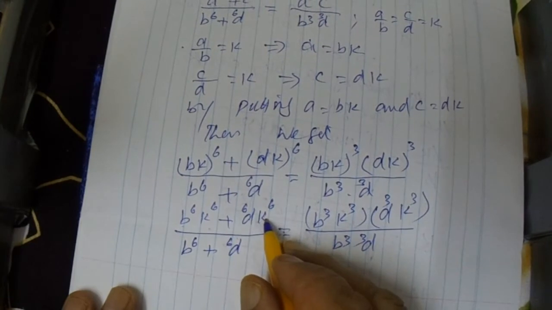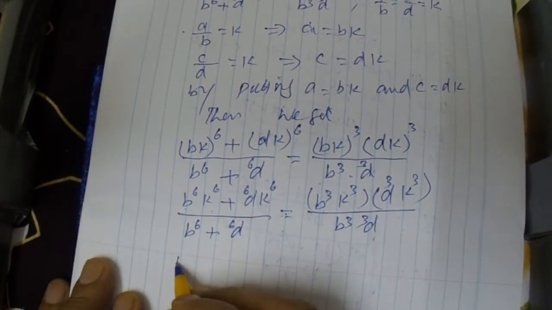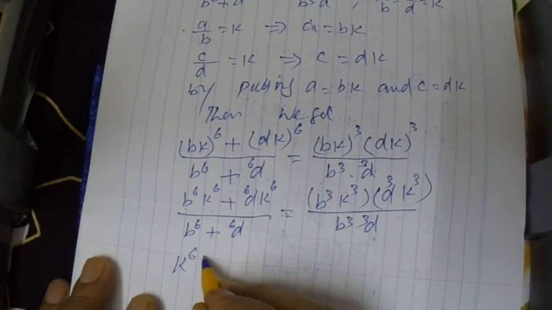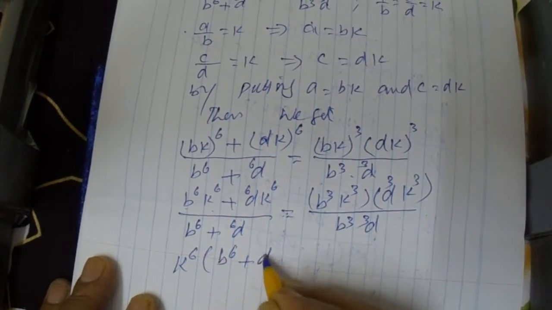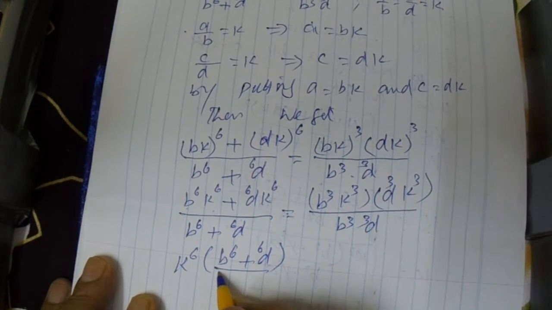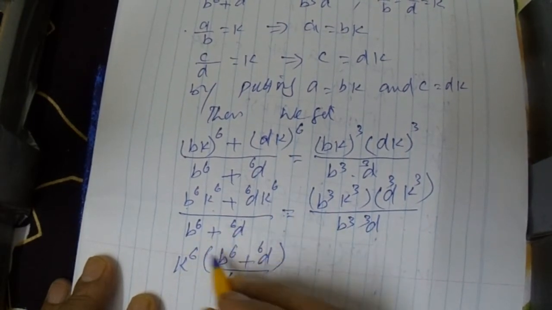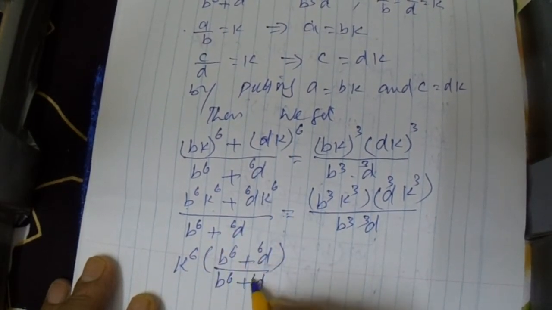Now we take k^6 common, this k^6, and we write inside b^6 plus d^6 over also this b^6 plus d^6.